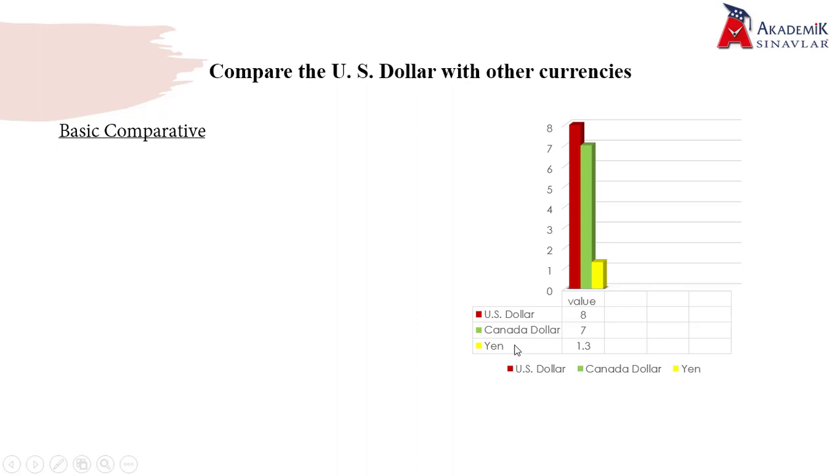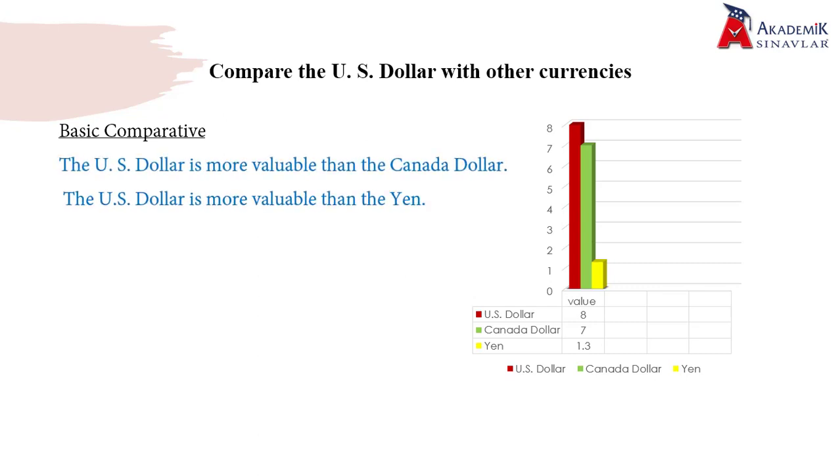If we consider valuable as our adjective, you know that a basic comparison can be as follows. The US dollar is more valuable than the Canada dollar. The US dollar is more valuable than the yen.